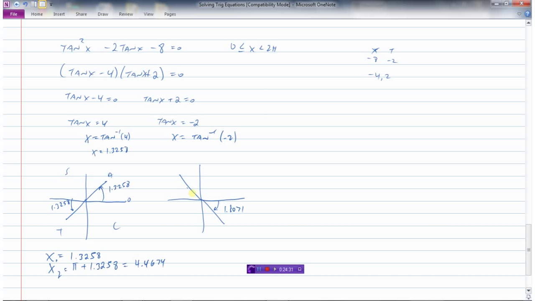So then I know that this must also be 1.1071. We don't want any negative angles because we want the angles from 0 to 2 pi. So we're starting here and we're going this way. So a third solution would be this one, which I know will be pi minus 1.1071.